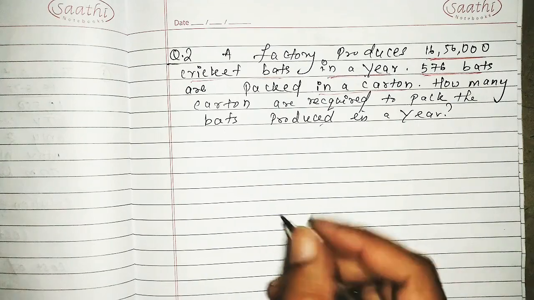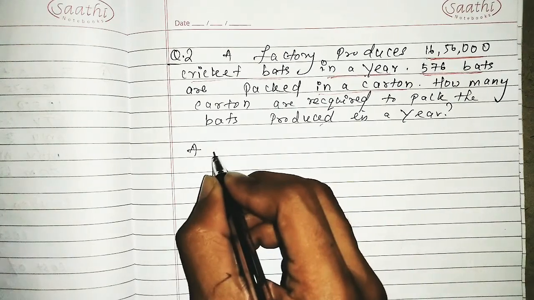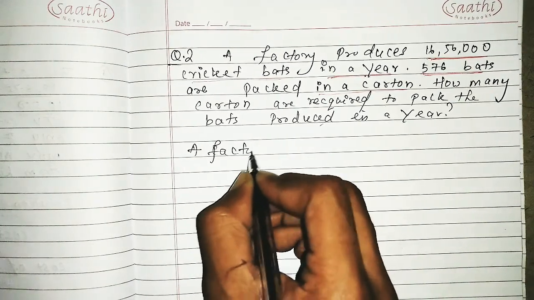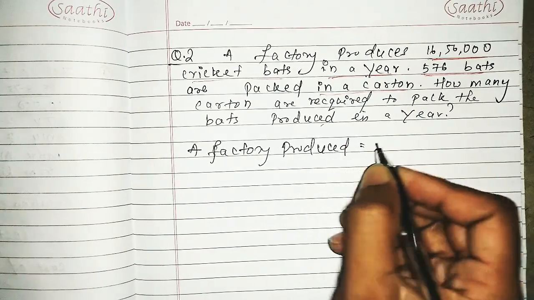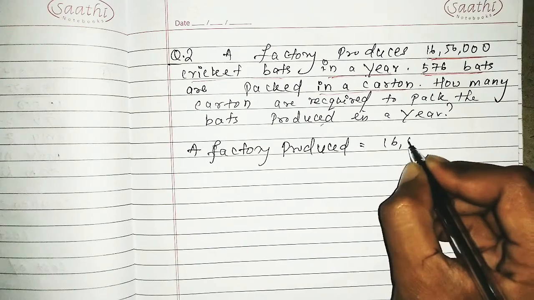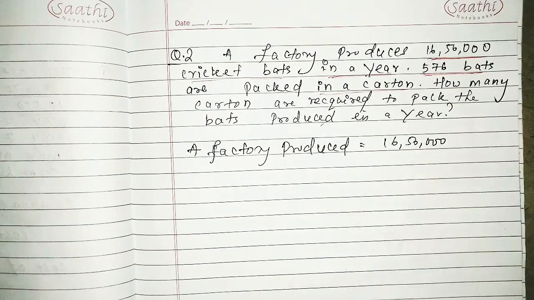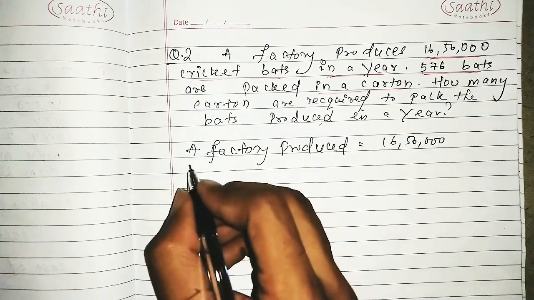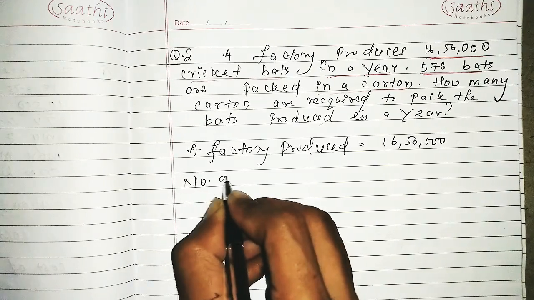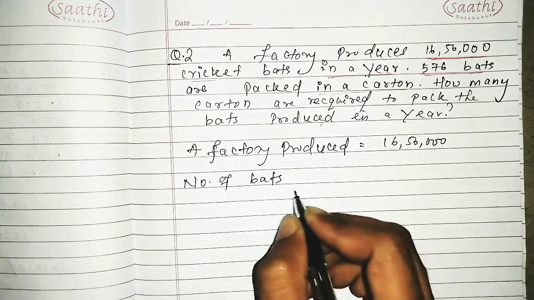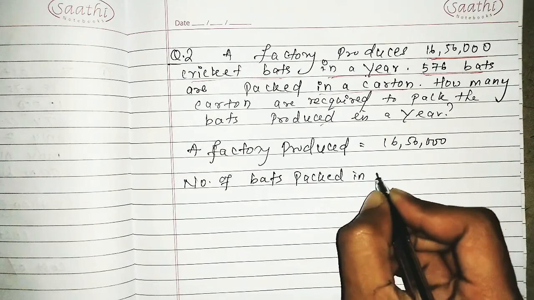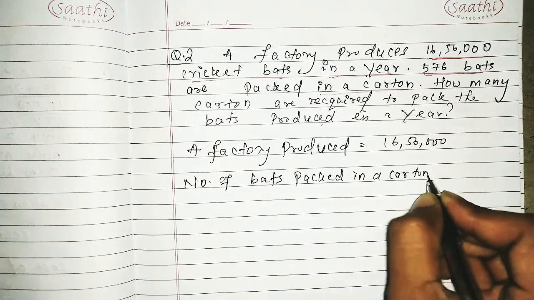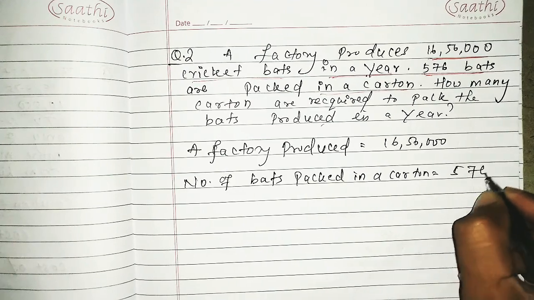Let's solve. A factory produced how many bats? 16,56,000. The number of bats packed in a carton is 576.